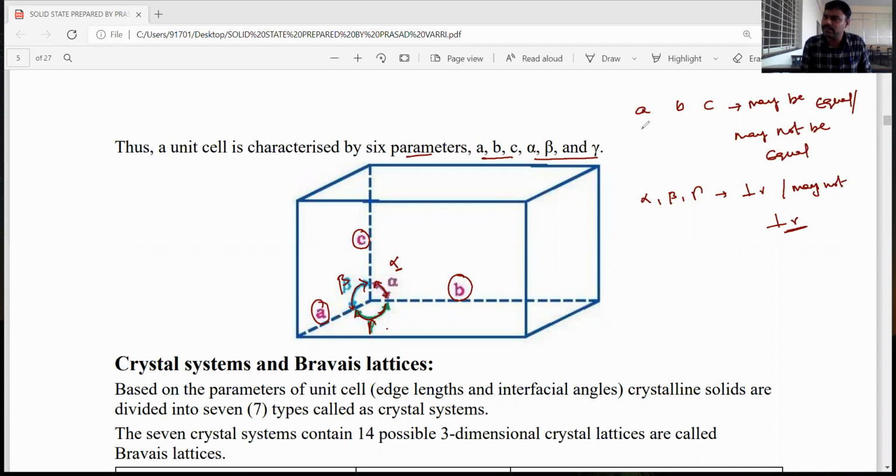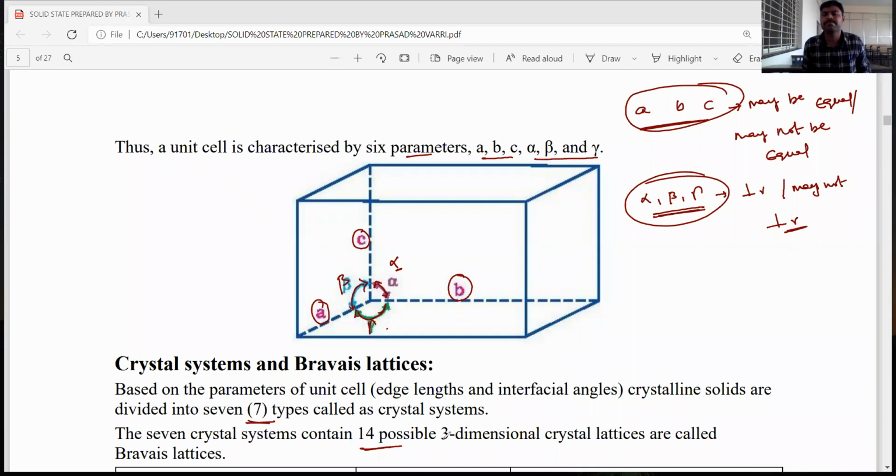Based on these numerical values, the relation between A, B and C as well as alpha, beta and gamma, the unit cells of crystalline solids are divided into 7 crystal systems. In these 7 crystal systems, there are 14 types of 3-dimensional repeating units possible.